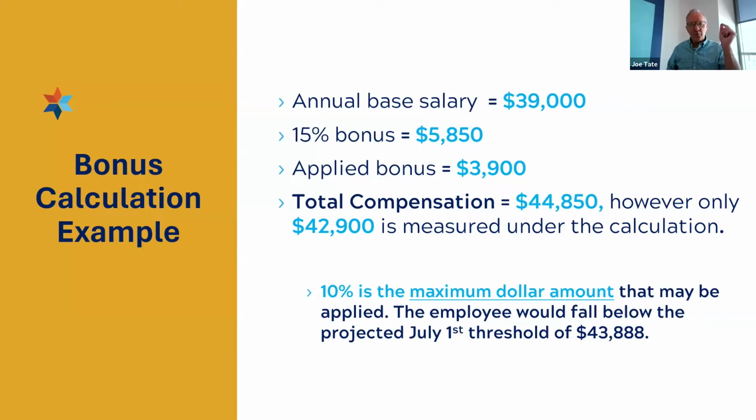However, only $42,900 is measured under the calculation. So 10% is the maximum dollar amount, but this employee would still fall below that July 1st threshold of $43,888. A lot of moving pieces, but remember, you can apply 10% of their bonus, providing it meets the qualifications, to the amount to get them over the threshold.